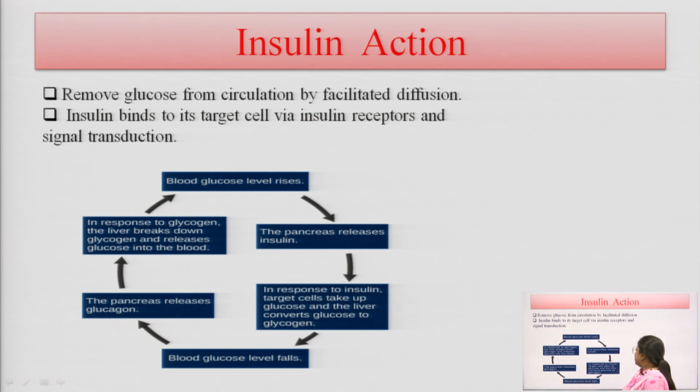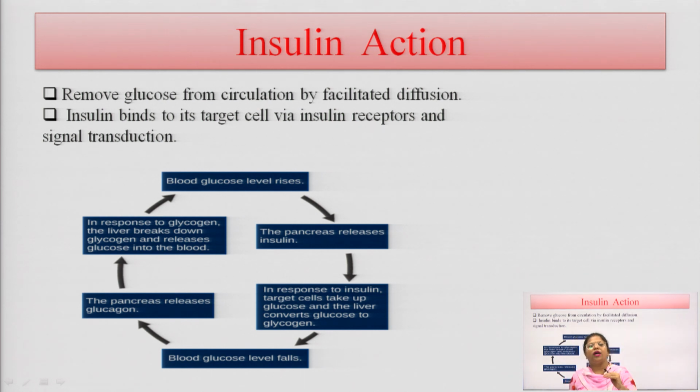The pancreatic cells release insulin. In response, the insulin triggers the liver to convert this excess glucose into glycogen.